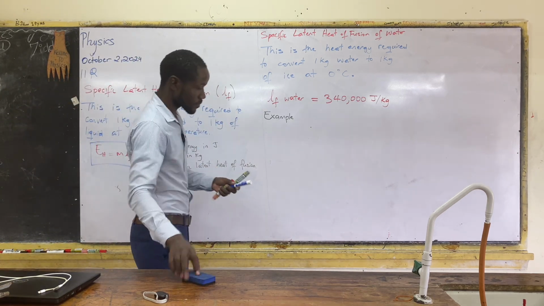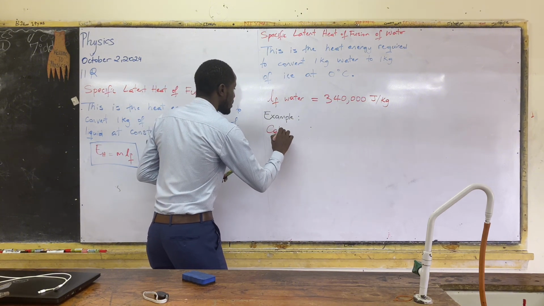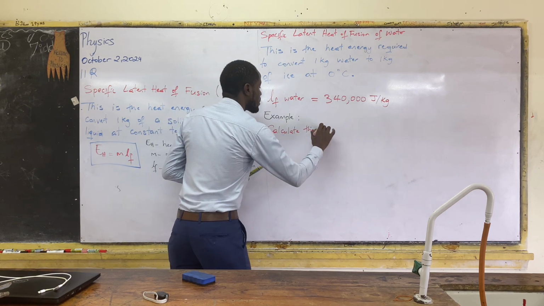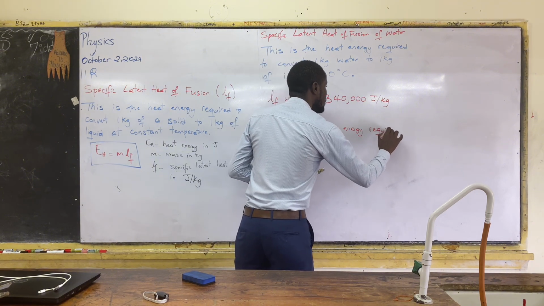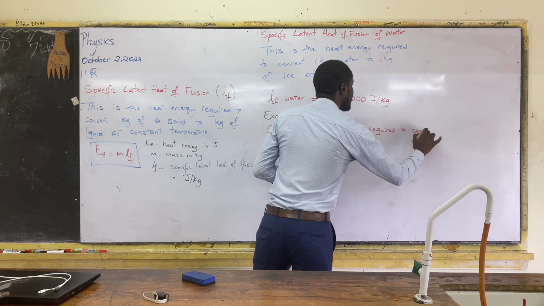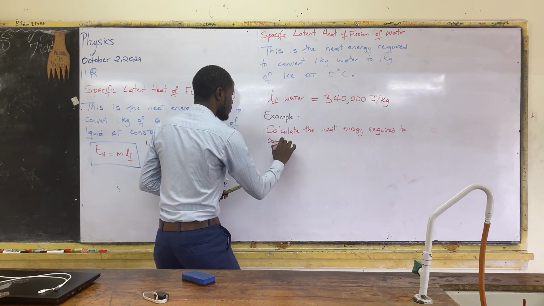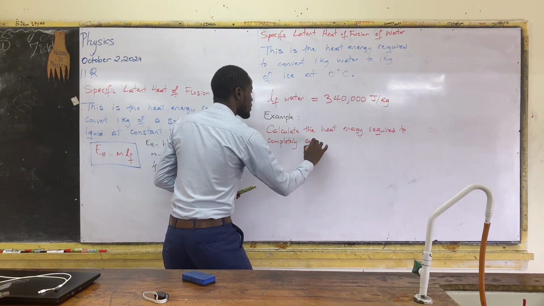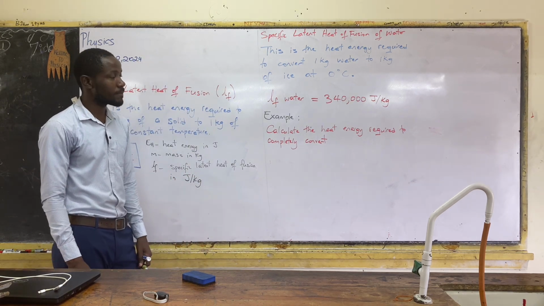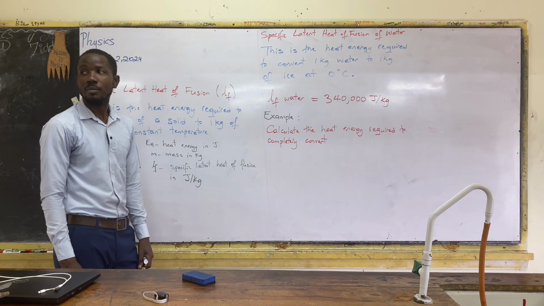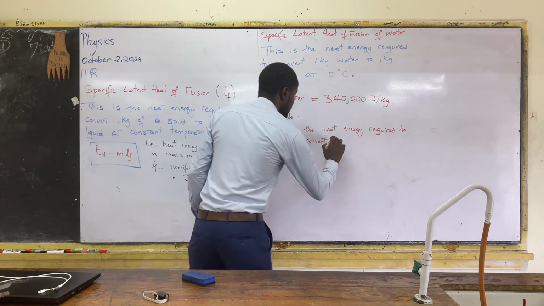So example. Let's say we say calculate the heat energy required to completely convert what mass of ice? 10 grams.